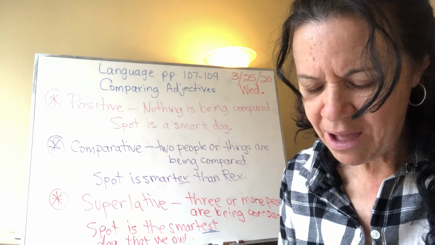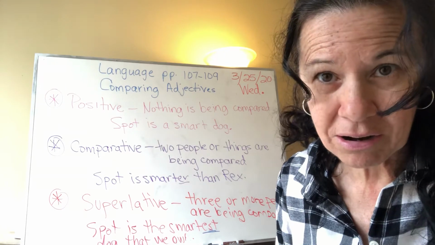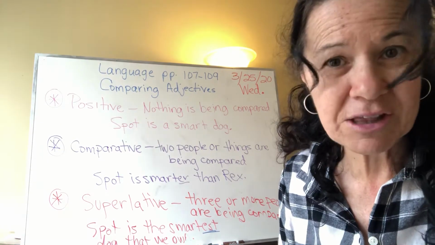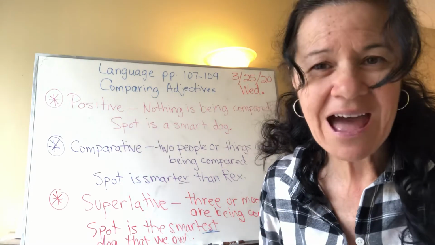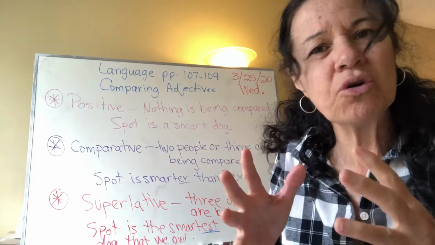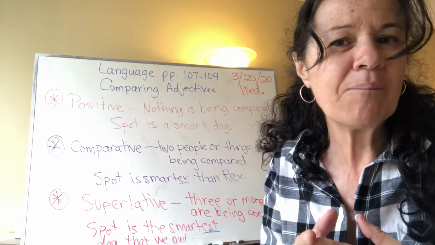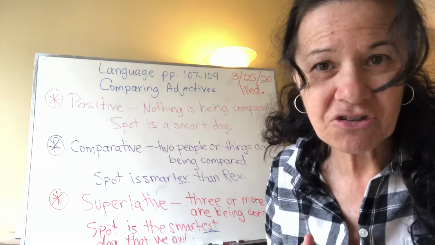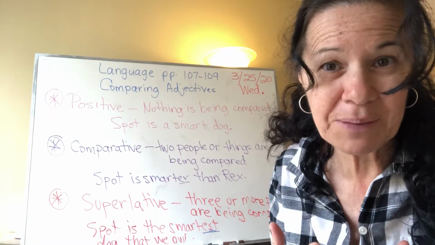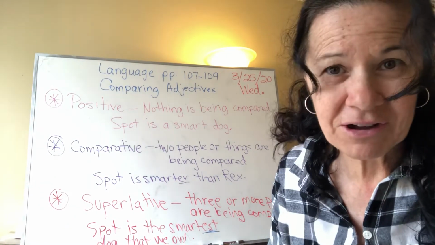You wouldn't say more friendlier, or most friendliest. You just say friendlier or friendliest. So we've talked before in the English language that there'll be particular rules, but then they can change. And that's what makes English a difficult language for people who don't speak English as their primary language to learn, because the rules change here and there.